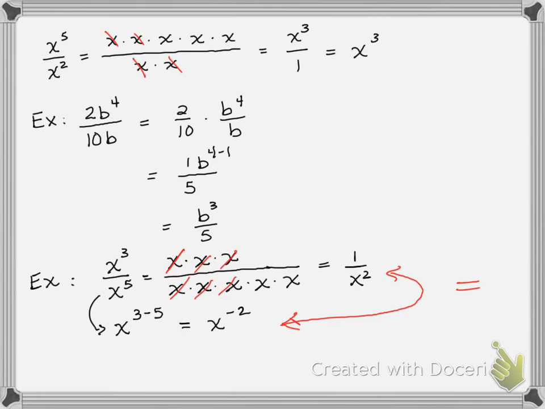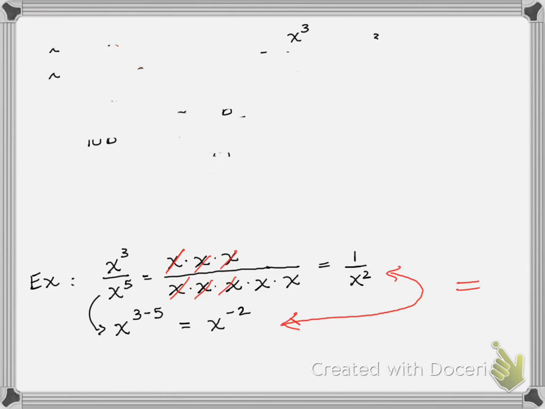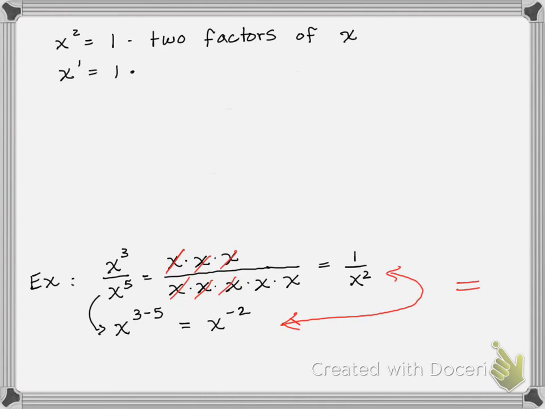So this is not super intuitive that these are the same, but let's go back again to the definition of exponents and just look at a pattern here. So x squared, we said, is 1 times 2 factors of x. X to the first, we said, is 1 times 1 factor of x.